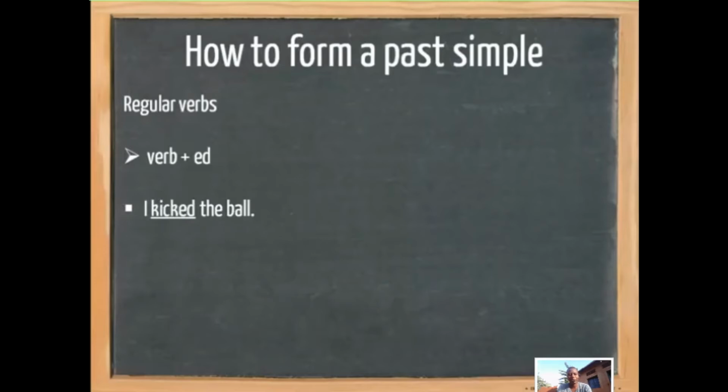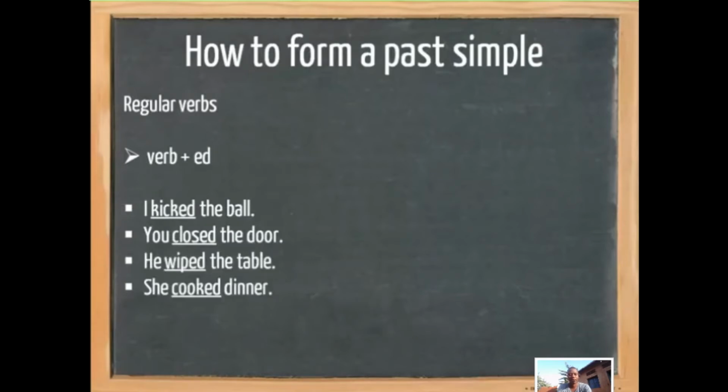This one is a past simple of the verb to kick. I kicked the ball. We added ed to kick. You closed the door. He wiped the table. She cooked dinner.